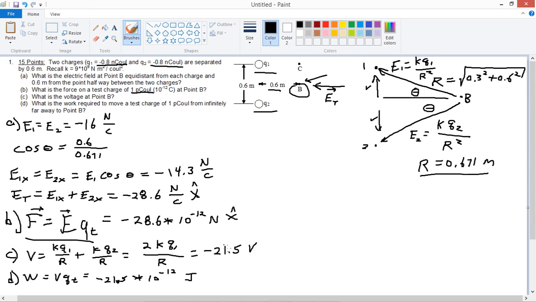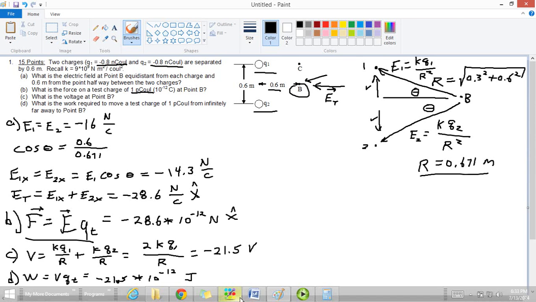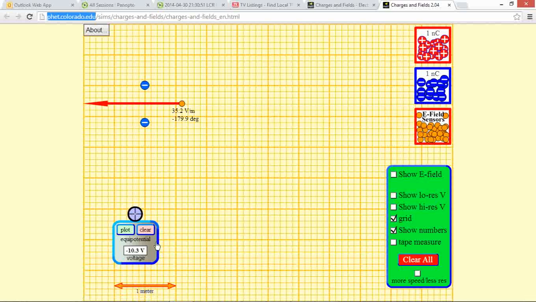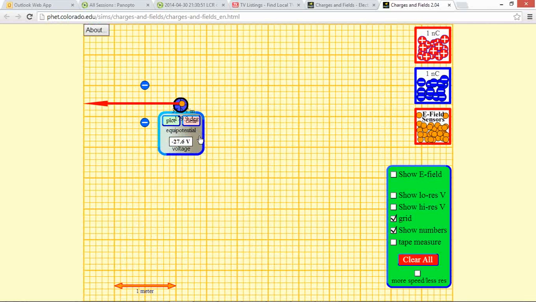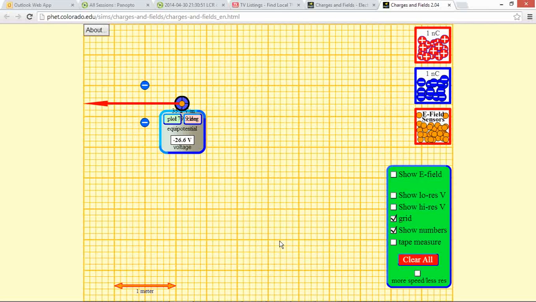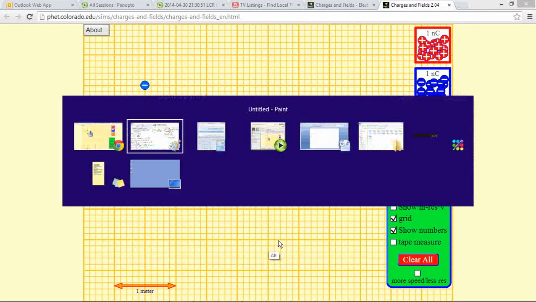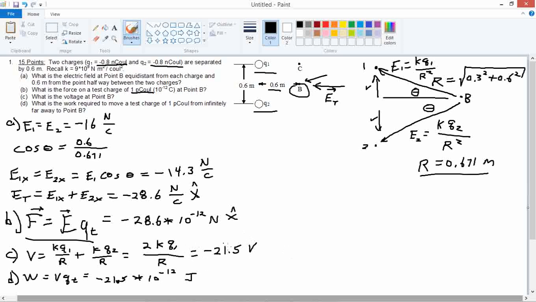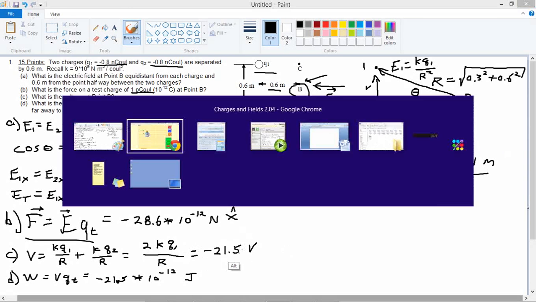Last thing is to double check with our simulation, see if it makes sense. Let's get our voltage indicator, put it on the same point. There we go. Negative 26.6. Boy, that doesn't sound right, does it? Did I do something wrong? Oh, I know what the problem is. I need to multiply this by 8/10.